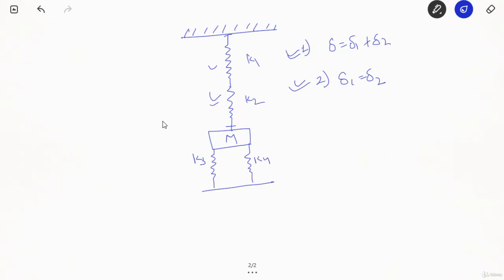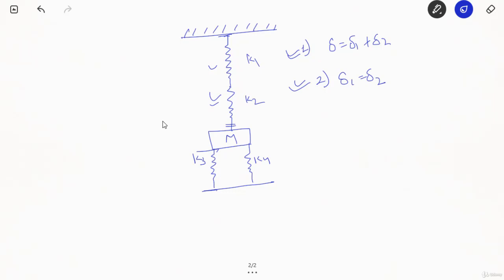So we can certainly say that this particular system from here to here is in series arrangement. Again, we can see that the net deflection of this part is equal to net deflection of this part. So these two arrangements are in parallel, and these two springs are individually in parallel arrangement, right?